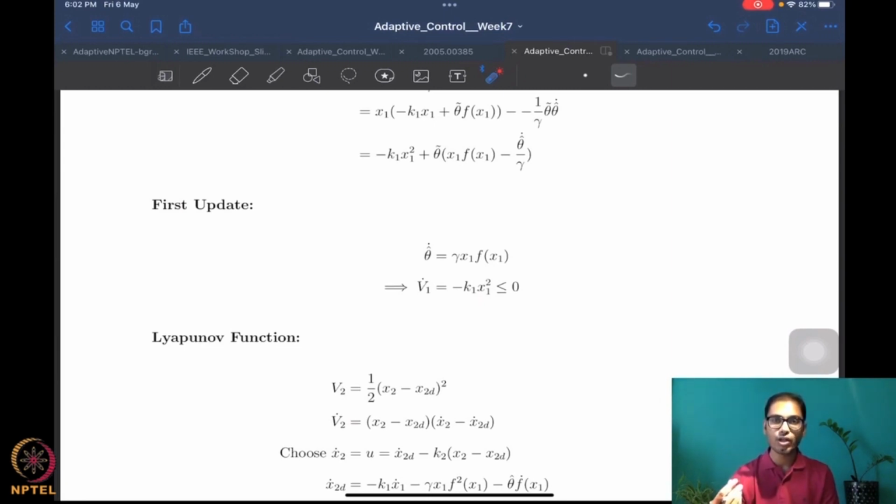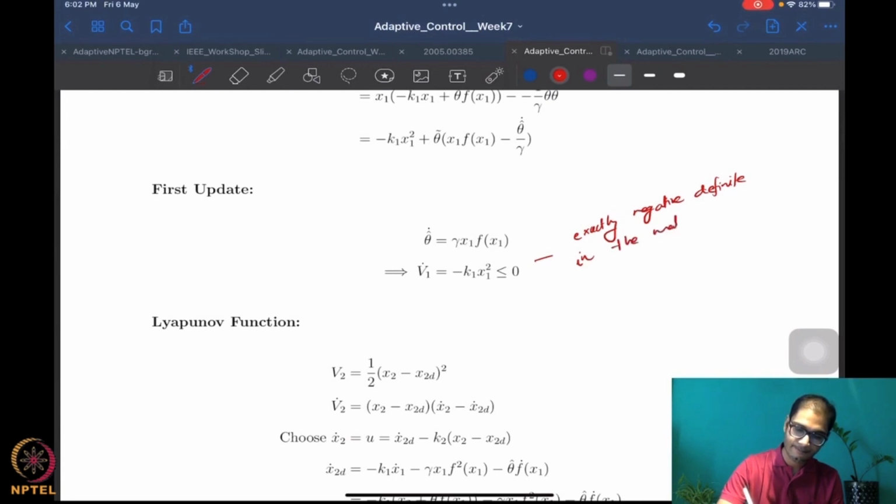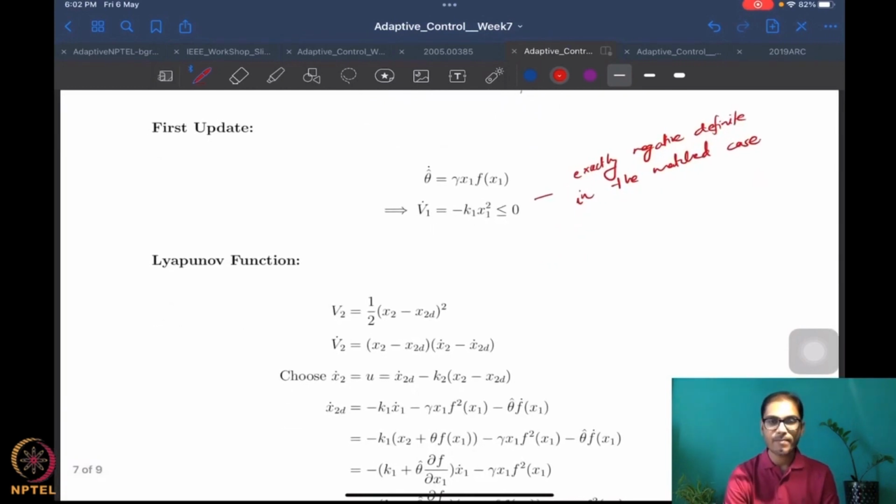Therefore, the V1 dot was coming out to be exactly negative definite in the matched case. So that's what I will actually make a comment on. Negative definite in the matched case. Yeah, so again, things are more complicated in the unmatched case, right?